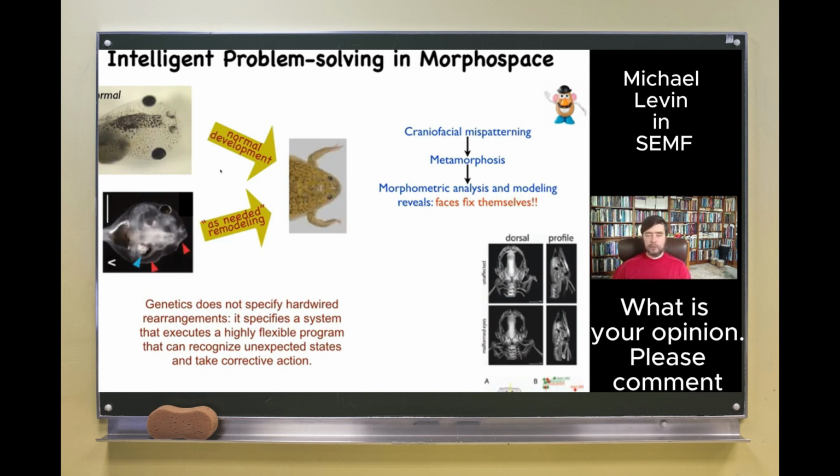What evolution gives you here is not a set of movements for tissue. It gives you an error minimization scheme. It gives you the ability to minimize error from different starting positions to get to a particular state. So that raises a very obvious question: how does it know what the correct state is?